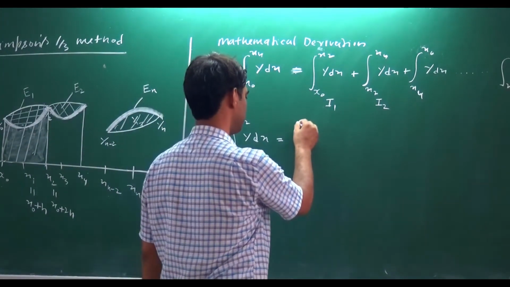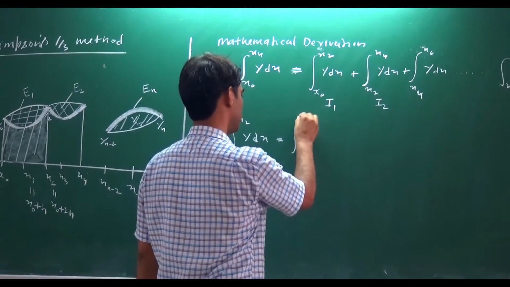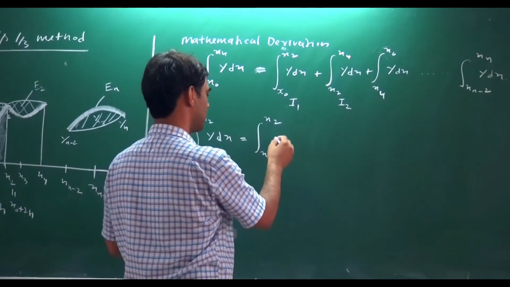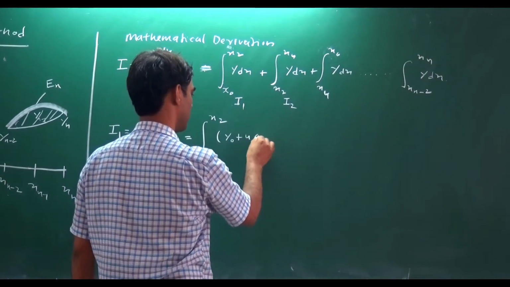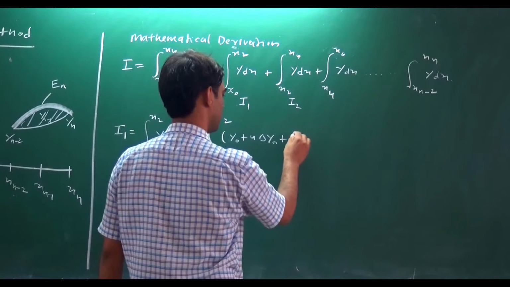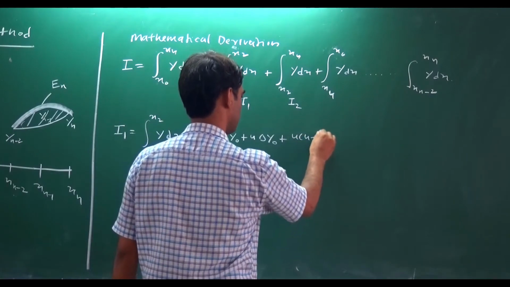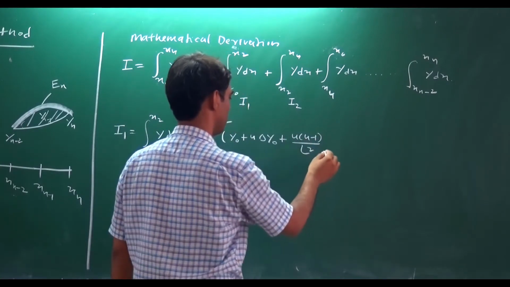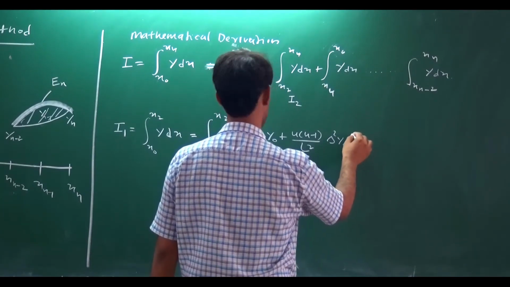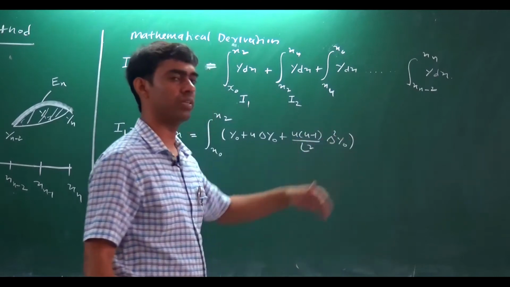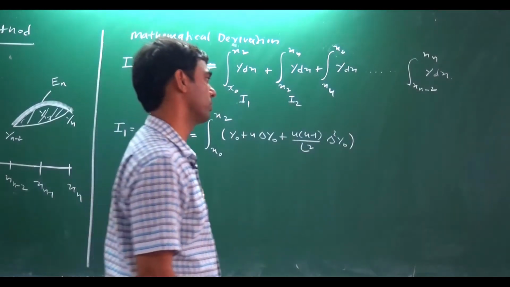So this becomes x0 to x2 of y dx, with the formula y0 plus u del y0 plus u into u minus 1 over 2 factorial del 2y0. I am not going to write the other terms because del 3y0, del 4y0 become 0.